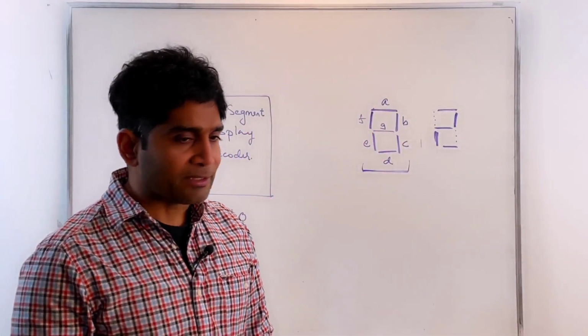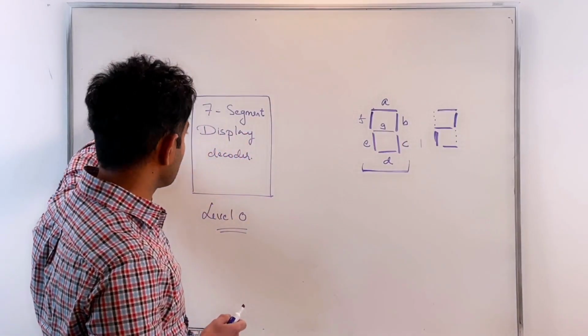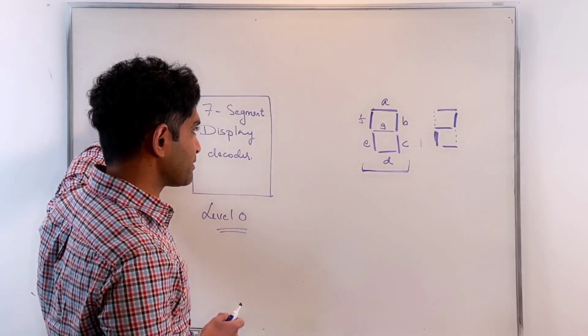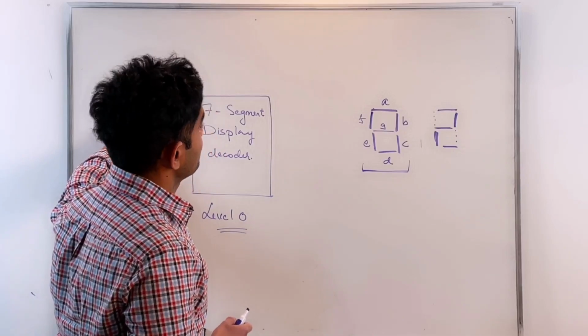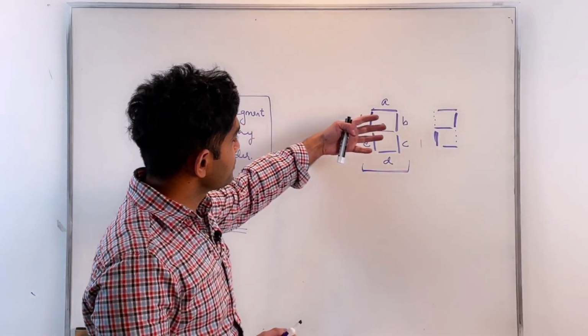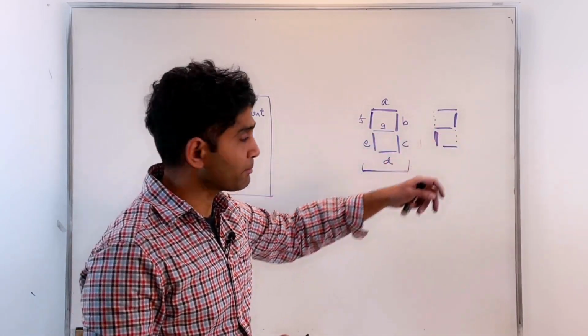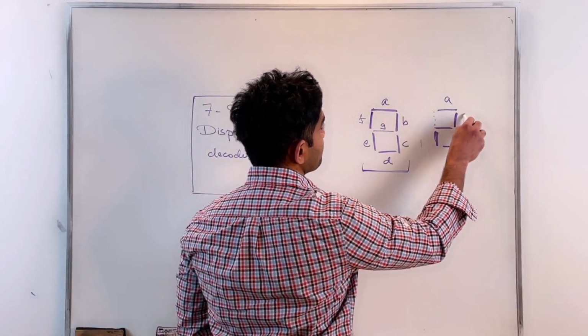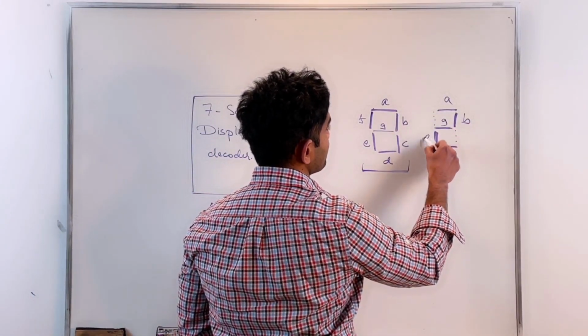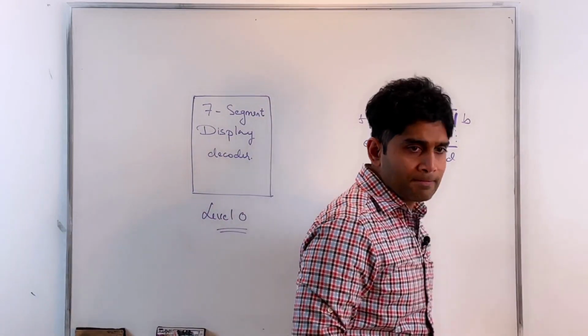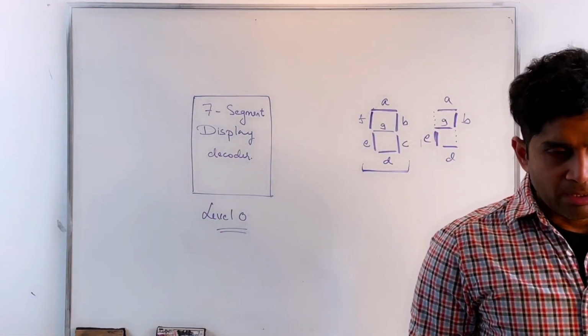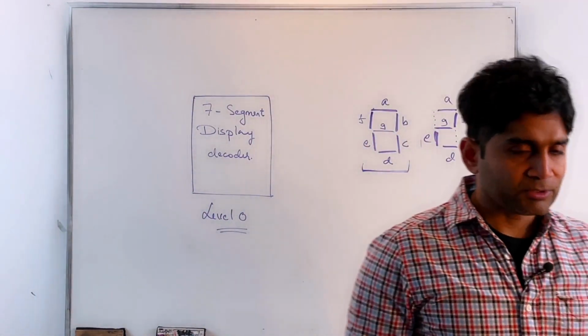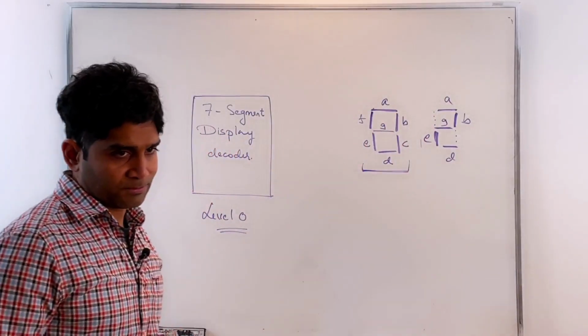If I want to display 2, when I apply a binary coded decimal value of 2 here, that means I need to display 2 in this format. It means I need to only light up A, B, G, E, D. So, 4 inputs, 7 outputs, perfect. What are those inputs?